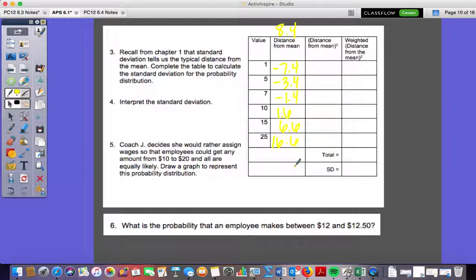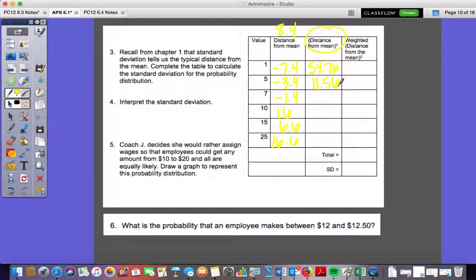Okay, distance from the mean. What would we do with this to go to here? We're going to square this. Once we do this, negative 7.4 squared, all of them will be positive. What'd you get from there? 54.76. What would be 3.4 squared?